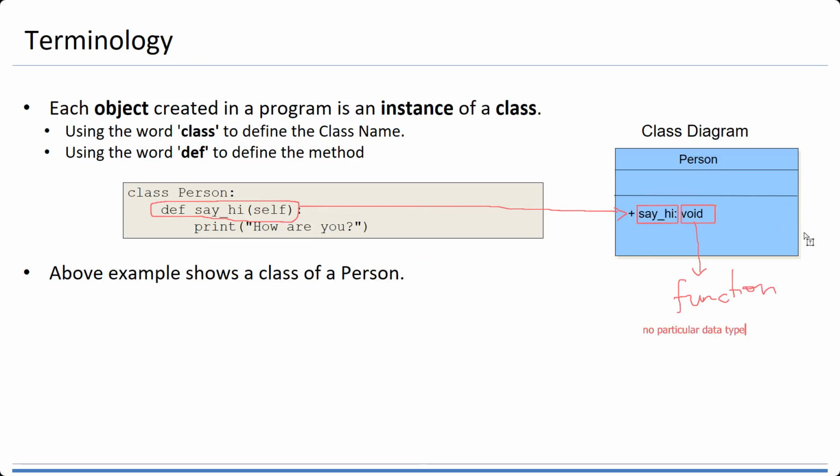When you call this method, it will show the print. So there is no specific data type, even though we know that this is a string. So the above example shows a class of a person.